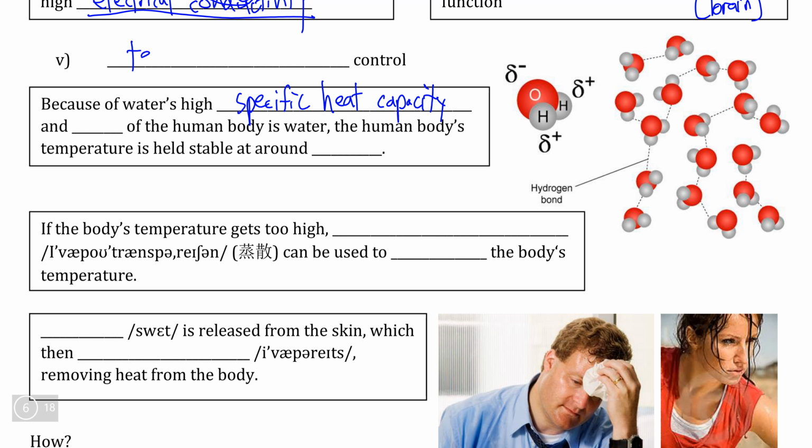Now, this means that water is naturally a very effective form of temperature control, because not only does water have a very high specific heat capacity, meaning that water is able to absorb a lot of the heat that we absorb, but the human body is approximately 70% water, which allows the human body to stabilize our temperature to around 37 degrees Celsius.